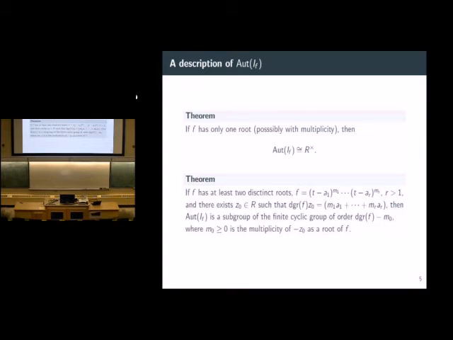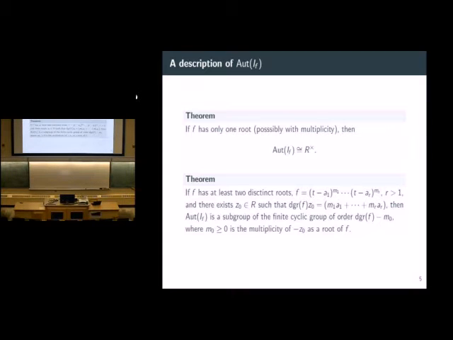If f has at least two distinct roots, and this is a technical but important condition, and if the degree of f is invertible in R, then the group of automorphisms of I sub f is a subgroup of the cyclic group of order degree of f minus z0, where z0 is a root of f.